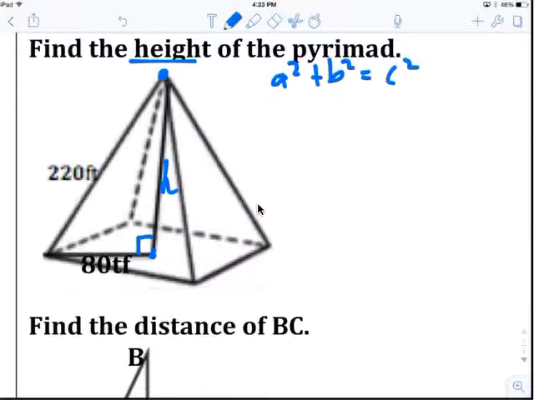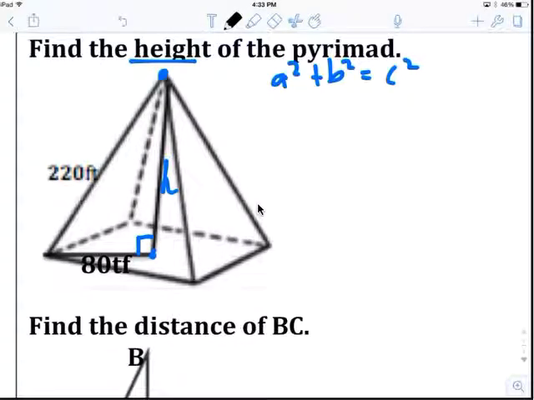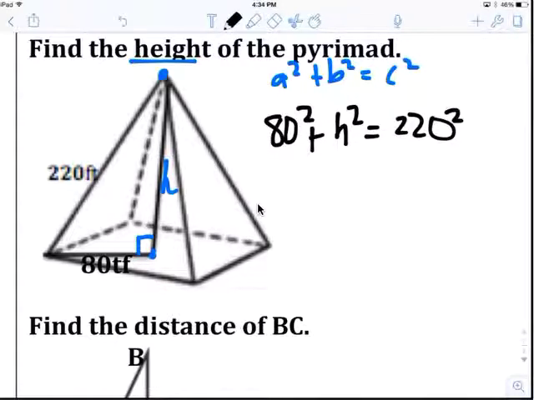And then you do 80 squared, that's a or b, and the height is h squared. And then 220 squared, you solve that.